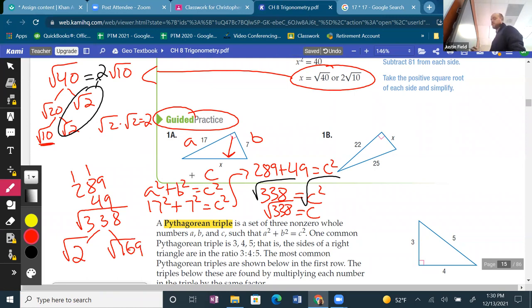The square root of 169 is none other than 13. So the final answer here is C equals 13 root 2. Okay? So we could totally work on simplifying radicals because I want you guys to get 90 smart scores.